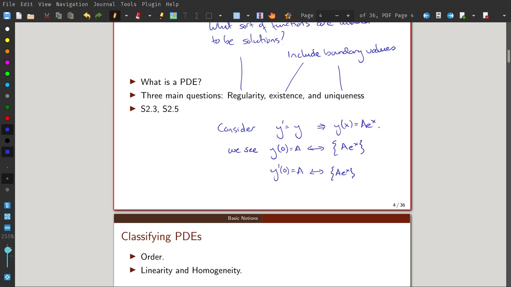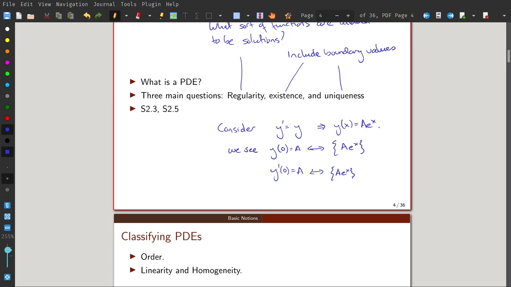And we'll see that sort of thing when we go into more detail as well. So that's part of uniqueness, choosing boundary value conditions such that we have a unique solution, not just asking whether there is a unique solution or not.